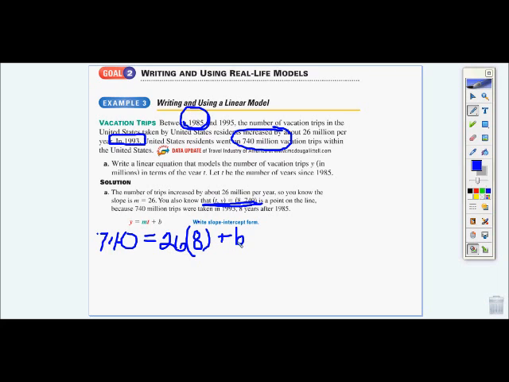So we need to solve for b. I'm going to do just a little shortcut here. 26 times 8 is 208. When I subtract 208 from both sides, I get b equals 532.